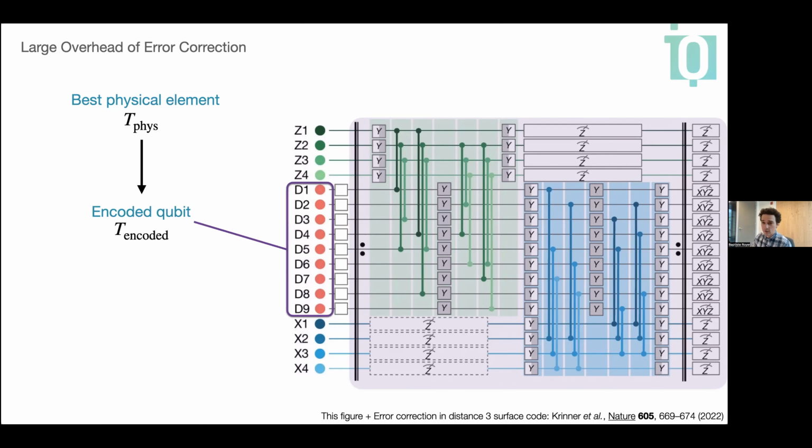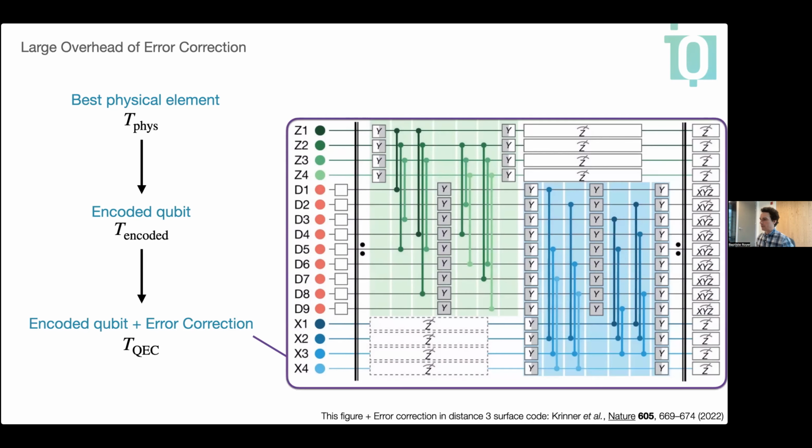Then the second thing you can do is you encode your logical qubit in many qubits, but not do any error correction. And so for sure that will be worse than using your best physical element, because you have more qubits, so there'll be more errors. And then you encode your qubit and you do all your error correction, and the hope is that things got better when you do this.